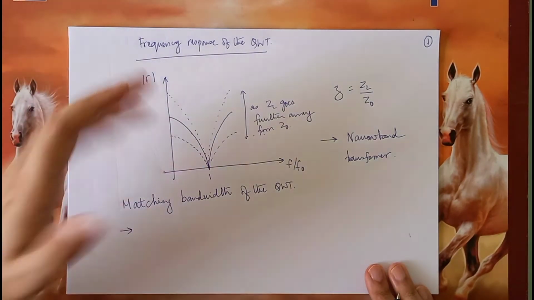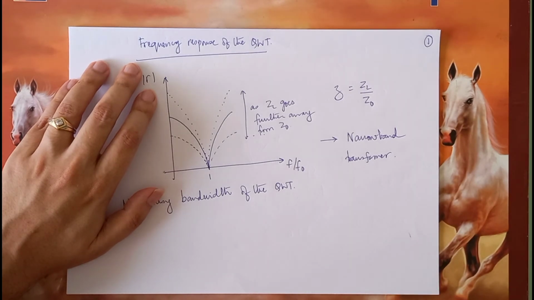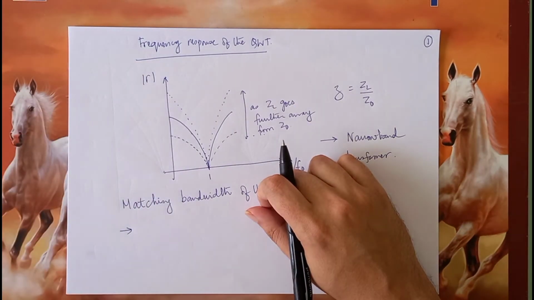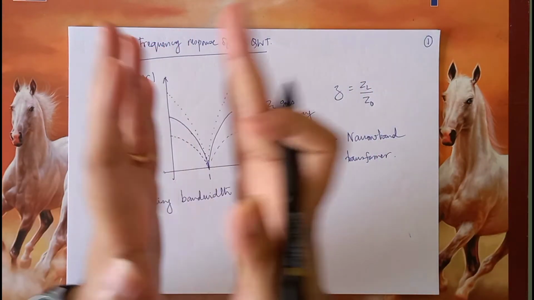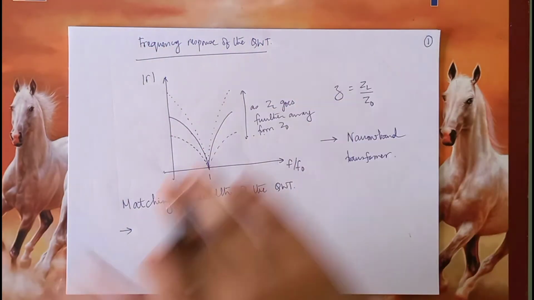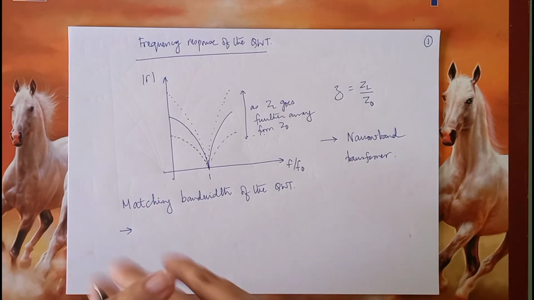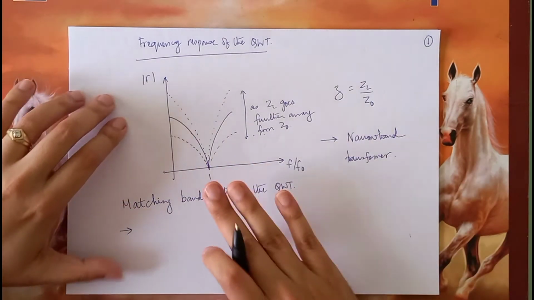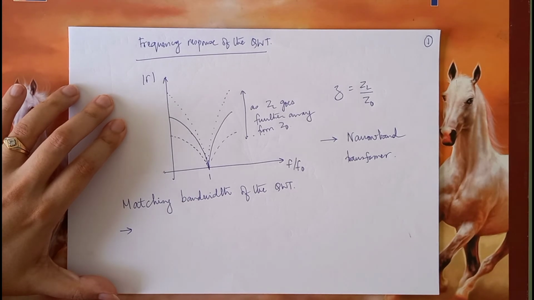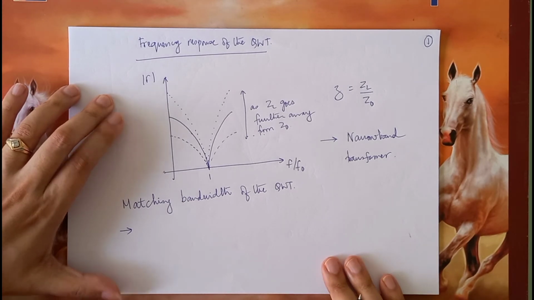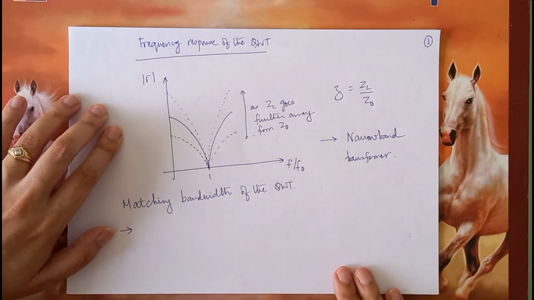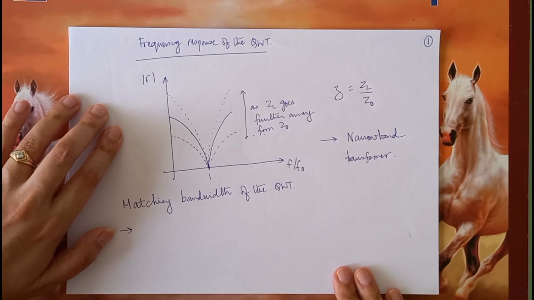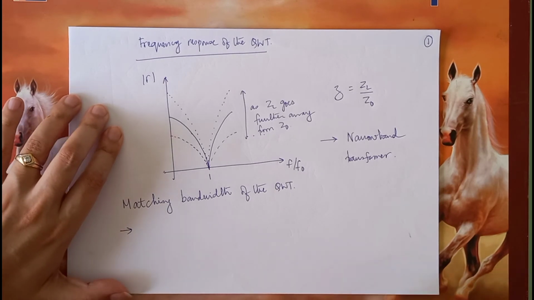Just like when we talk of filters, the bandwidth of a filter or of an amplifier, there is a specific definition of that bandwidth. Just like how we say what is the range of frequencies over which the passband gain is 3 dB below the maximum gain, that is the bandwidth. Likewise, we define matching bandwidth also as the frequency range over which the mod gamma given by the QWT or the impedance transformer is below a certain limit.